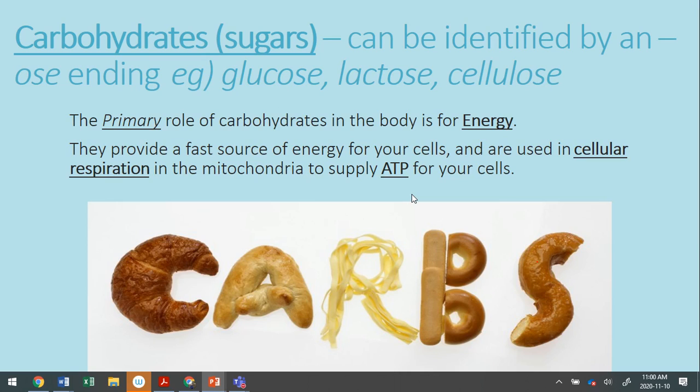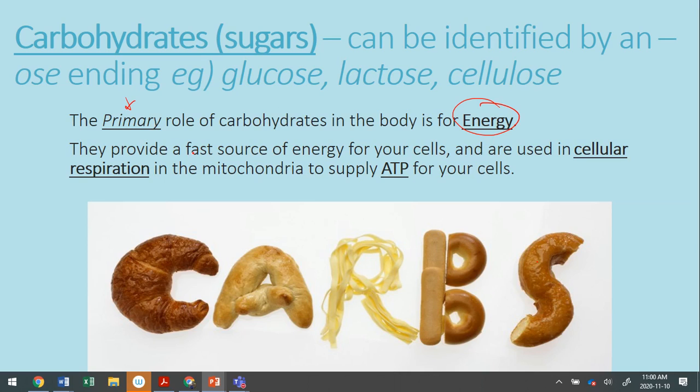Now, why are carbohydrates so important? Because their main role, their primary role in your life, is for energy. They are the gas that runs your cells. Just like I need to stop at the gas station every once in a while and fill up my gas tank so that my car runs, this is what you run on, carbs.